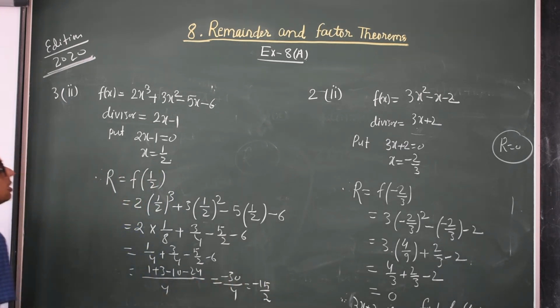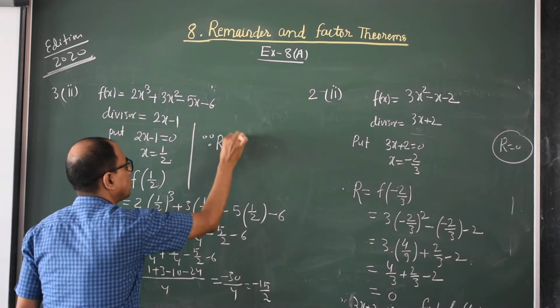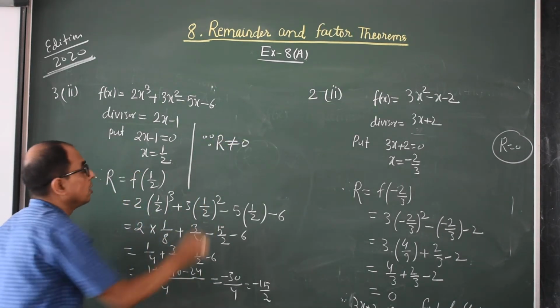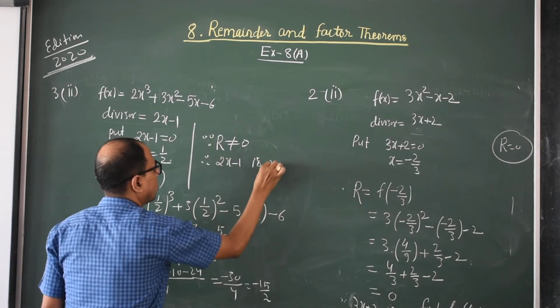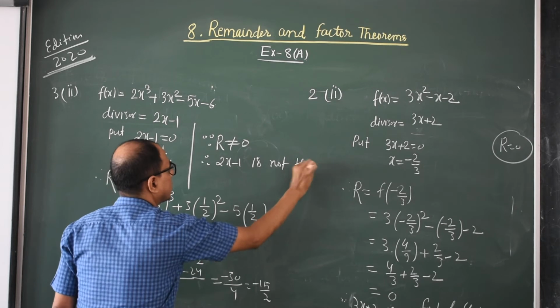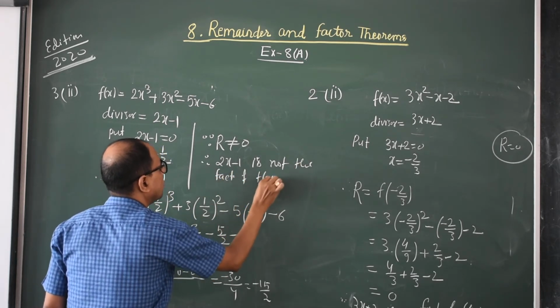Now since the remainder is not 0, therefore 2x minus 1 is not a factor of the given polynomial f(x).